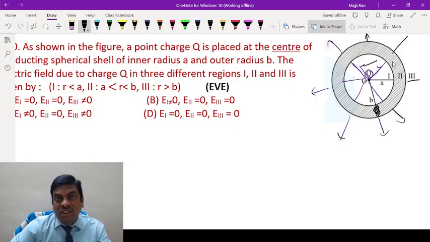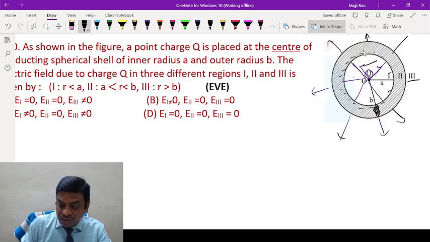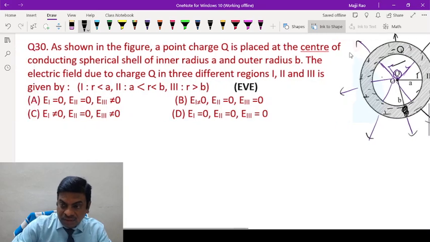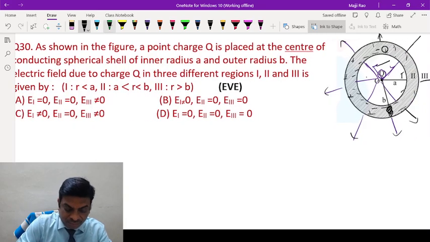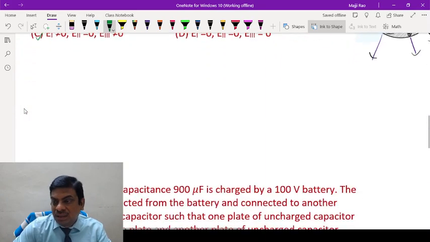So a metal shields the electric field by generating induced charges. Here, induced charges will be generated, because of which there will be no electric field inside the sphere. So accordingly, region 1 has electric field, 2 doesn't have electric field, and 3 has electric field. So C option is the correct option.